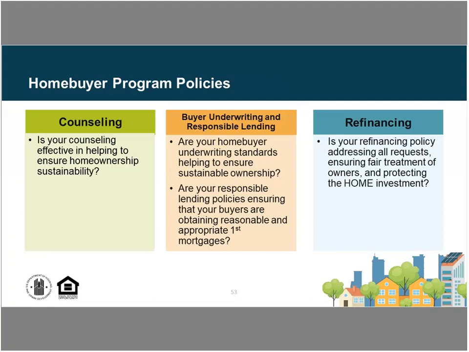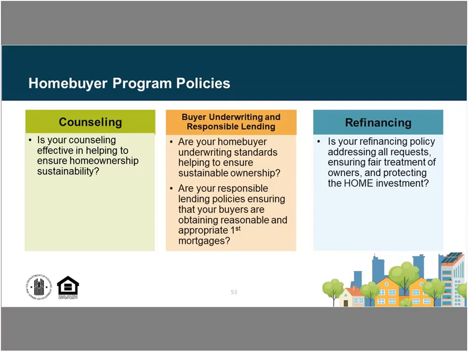If they're buying a pre-78 unit, do they understand ongoing requirements, safety requirements? If there had been lead-based paint in the home, do they understand if they want to do any future work, how to do that safely for themselves, how to make sure they're maintaining any dust?